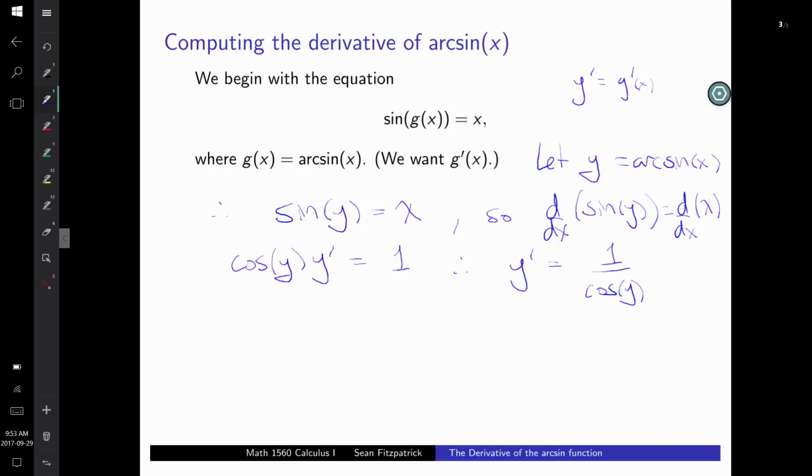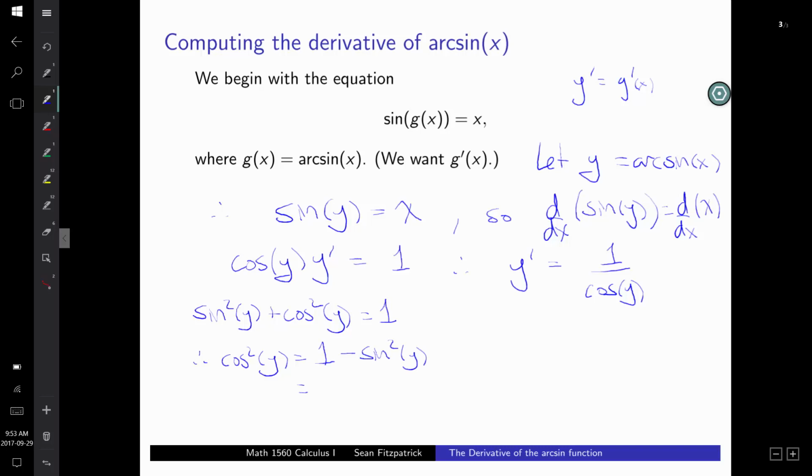Well, remember, one thing we know about the sine and cosine functions, we know that sine squared y plus cosine squared y equals 1. So that means that cosine squared y is 1 minus sine squared y.